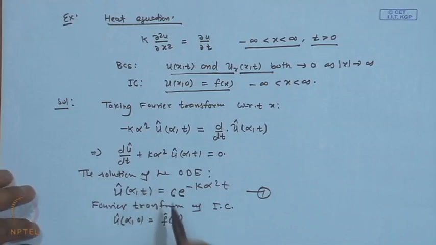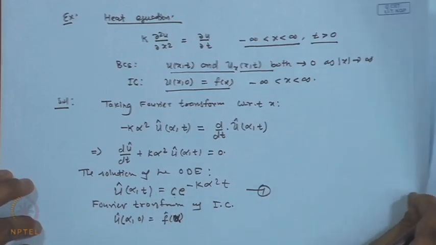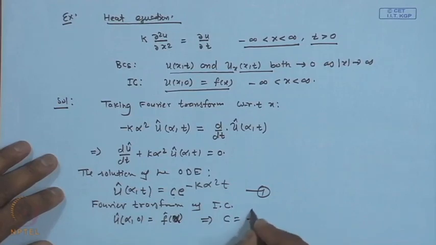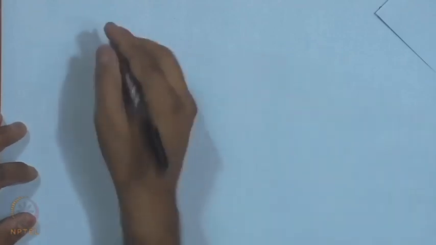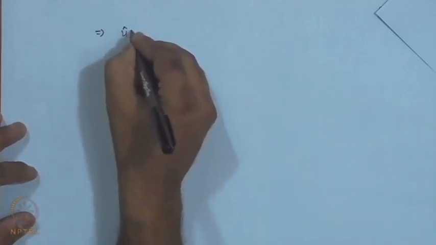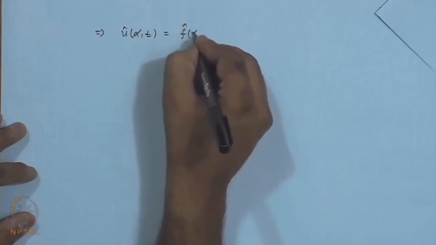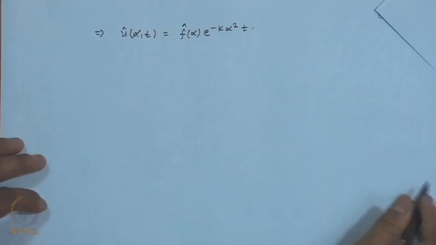Now we use this condition to get the constant. At t equal to 0, we have f hat(alpha), so this implies that c is f hat(alpha). Then we get u hat(alpha, t) is f hat(alpha) times e to the minus k alpha square t.